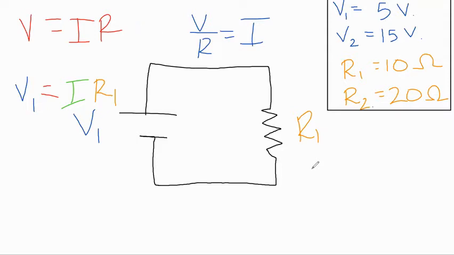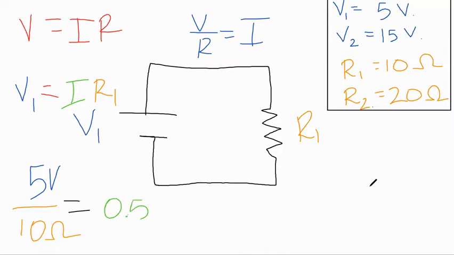So using this, we're able to say that V1, which is 5 volts, divided by R1, which is 10 ohms, gets you a total current of 0.5 amps.